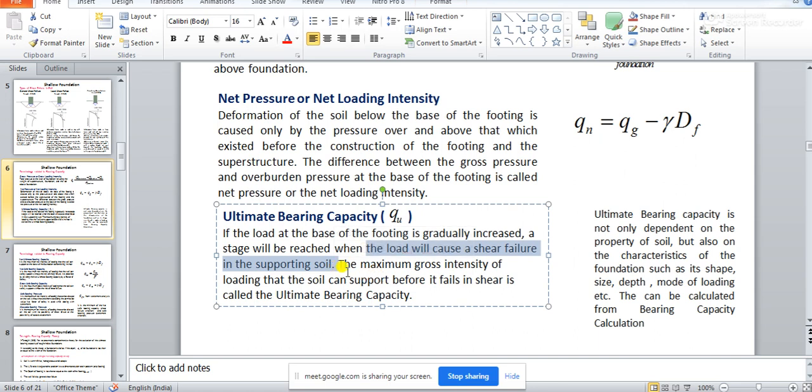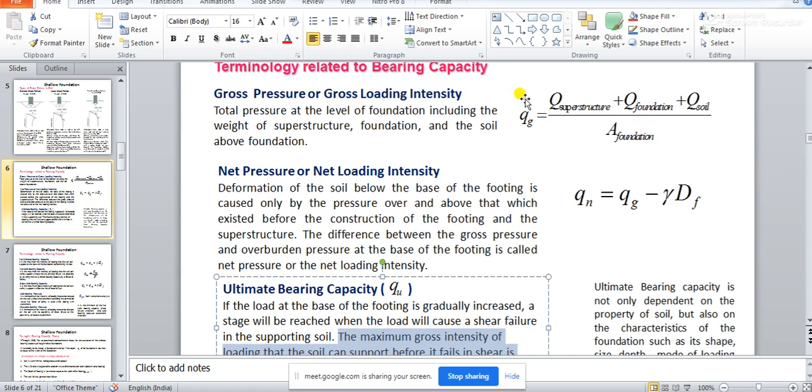In that case, the maximum gross intensity of loading, and gross intensity of loading means this QG, that means you have increased your Q superstructure to such a level that the soil cannot bear much more than that.